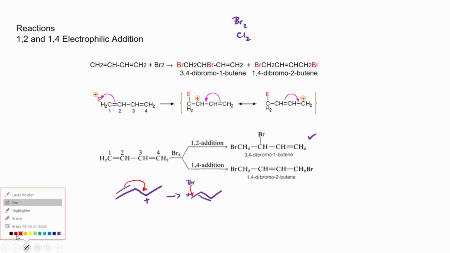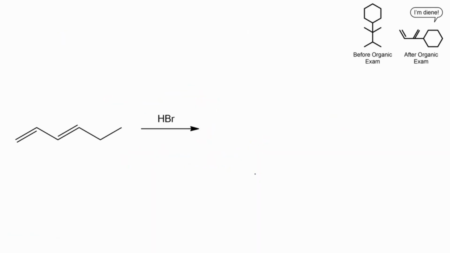And that's how we get the 1,4 addition. So watch when you have a conjugated system, watch for the additional product that you can form. Now you do have to pay attention to this stereochemistry.